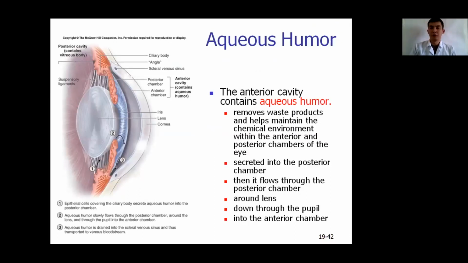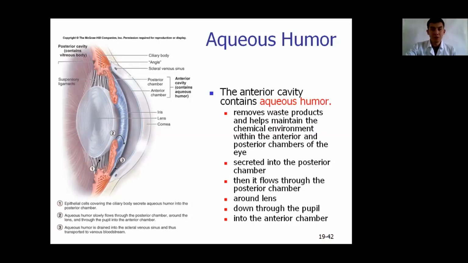The anterior cavity of the eye consists of aqueous humor, and this aqueous humor removes the products of metabolism and helps maintain the chemical environment. It also provides nourishment to the anterior and posterior chambers of the anterior cavity of the eye. This aqueous humor is secreted into the posterior chamber by the ciliary processes. Then it flows through the posterior chamber around the lens and down through the pupil into the anterior chamber.